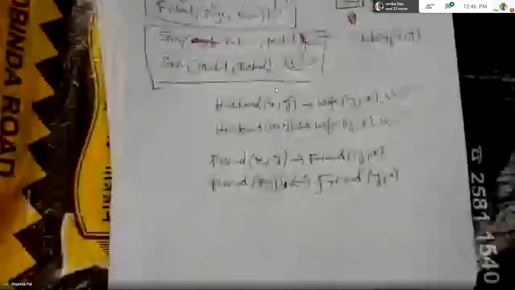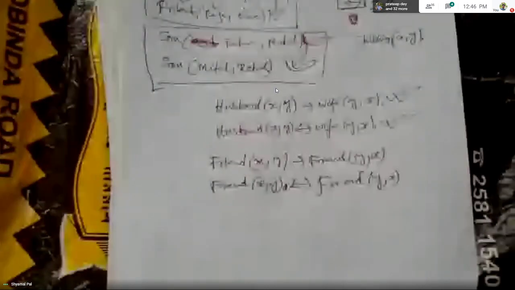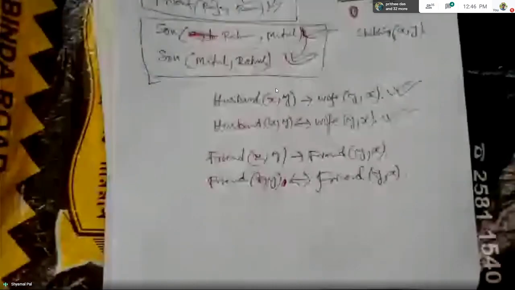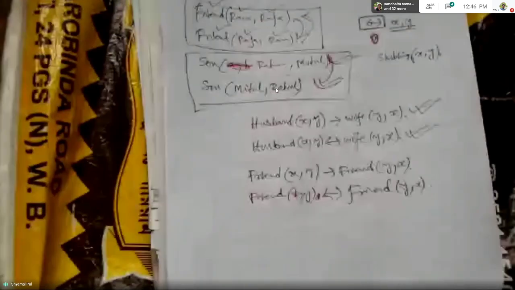If any doubt, ask me. Husband-wife relationship, or maybe friendship, or maybe sibling relationship. Have you got it or not? If you have any doubt, then ask me. Otherwise, I'll go for the next example.